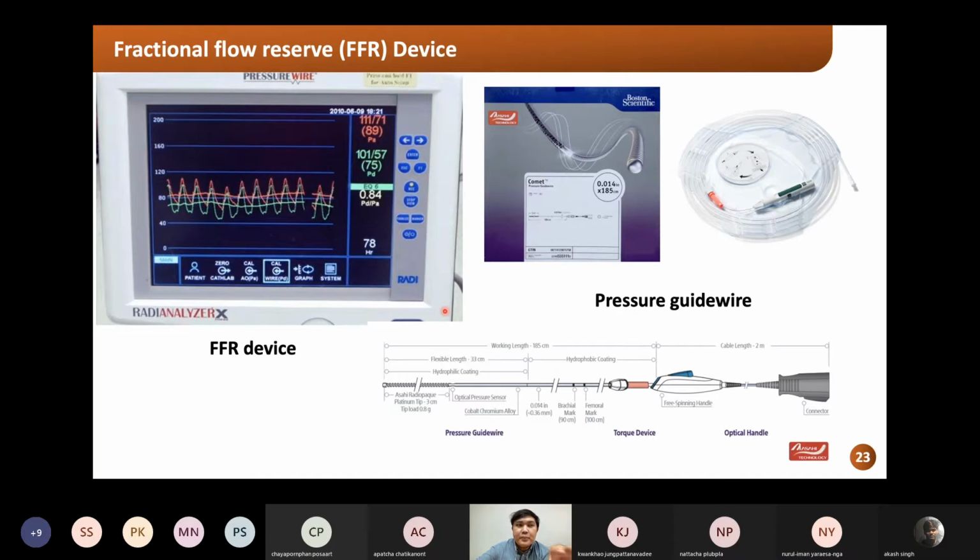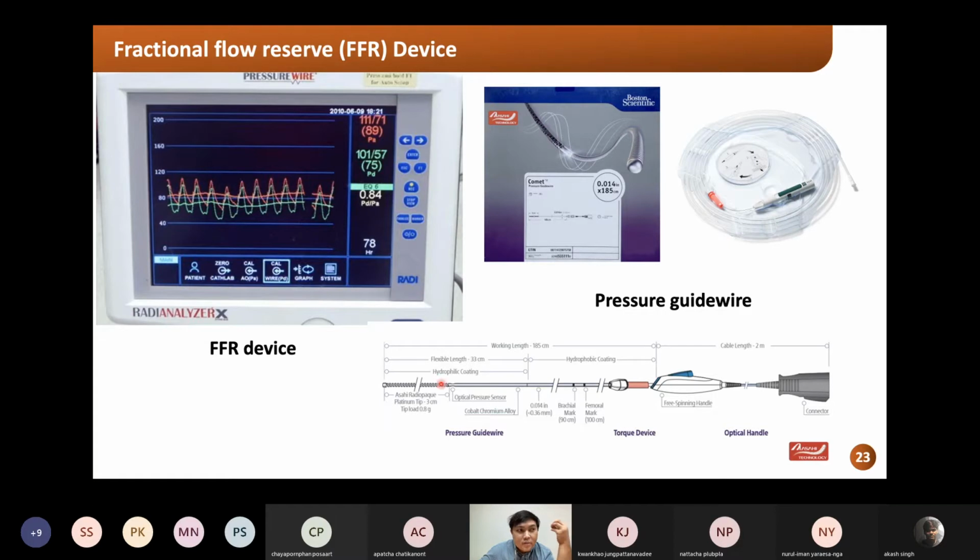And here are some brief, gross characteristics of the device and of the pressure guide wire as well. Here is the instrument that has the display and many buttons to control, and here is the guide wire that is directly inserted into the patient.